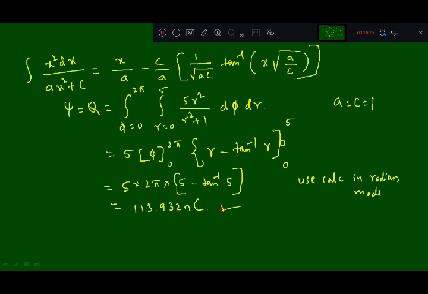Okay, this is the answer for the first question. Then for the second part, B, the answer is, so anyway, a_z is moving at the top, then minus a_z will move at the bottom.